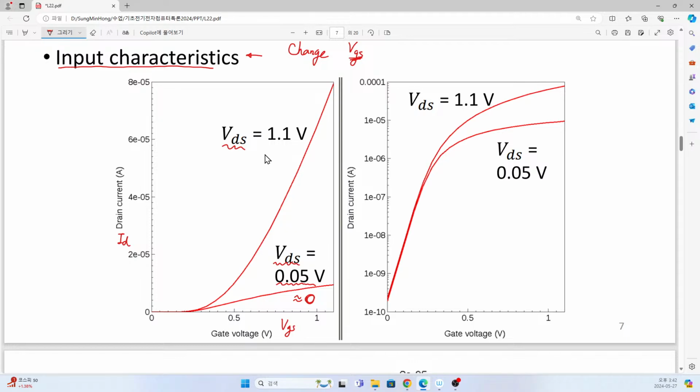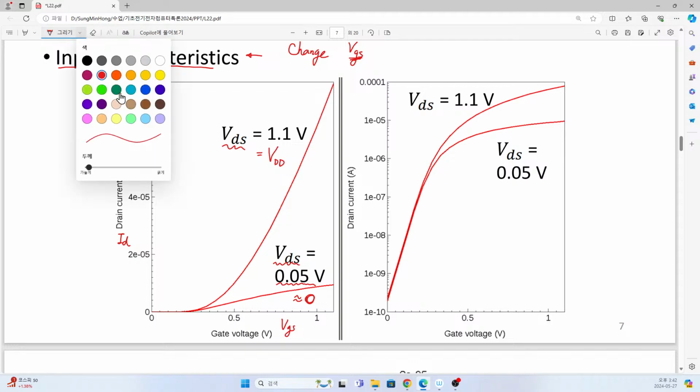And this number, 1.1, is the maximum voltage we can apply in this technology, VDD. So, simply speaking, when we draw input characteristics, typically we draw two curves. One is a low VDS value, and another one is VDS equal to VDD.